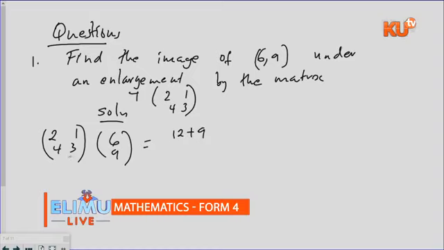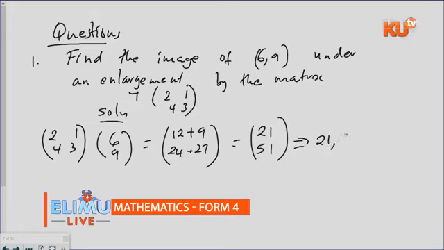Then 4 by 6 to give us 24. We add 3 by 9, 27. So it gives us our value 21. And then 24 plus 27, that should give us 51. And so in coordinate form, our value becomes 21, 51. That is the coordinate of the point P.